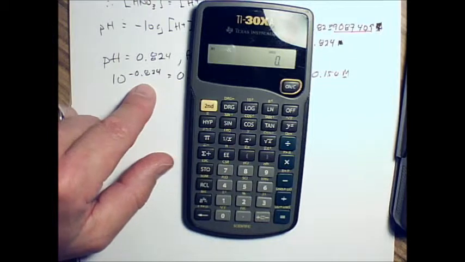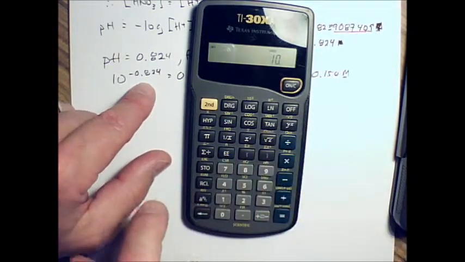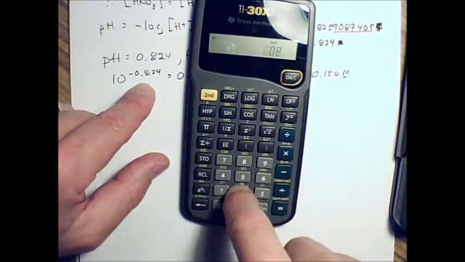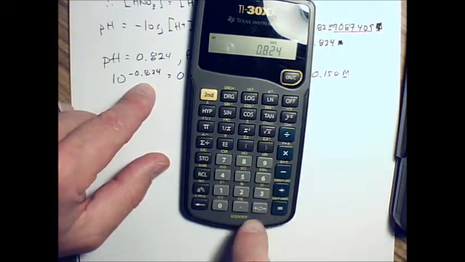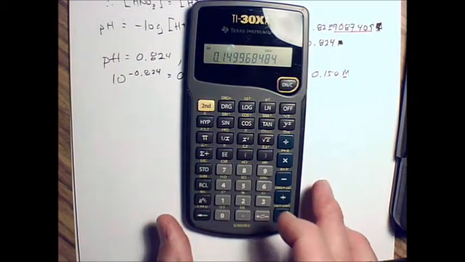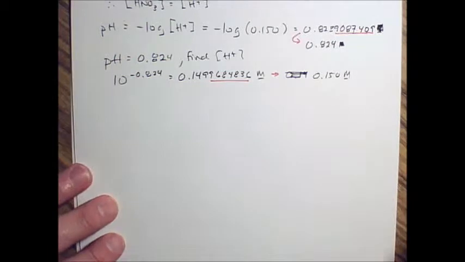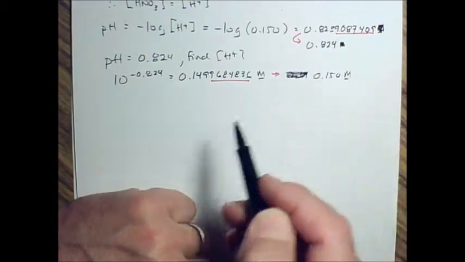Oh, okay. There you go. He's got it figured out ahead of me. How about that? 0.824, and then hit the change of sign. That's one way to do it. Hey, I got it. Again, you got to know how to talk your calculator's language.